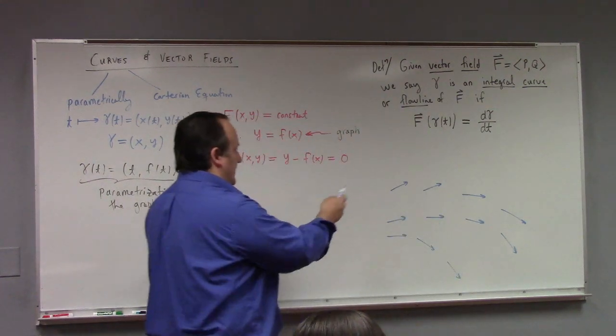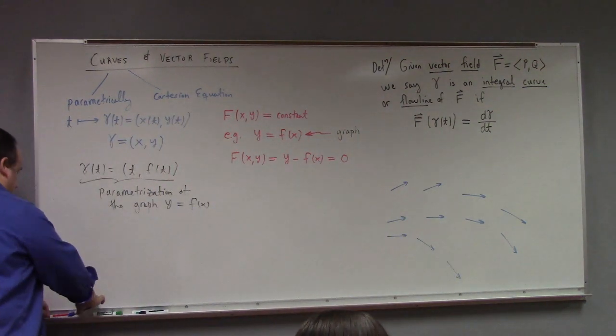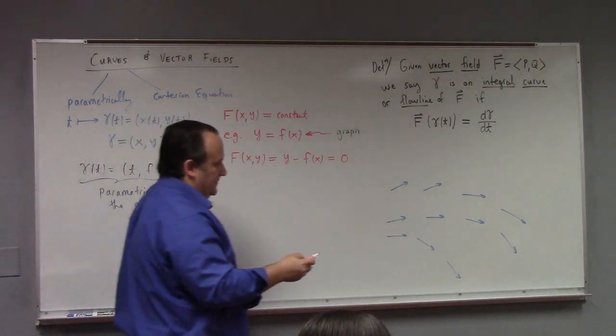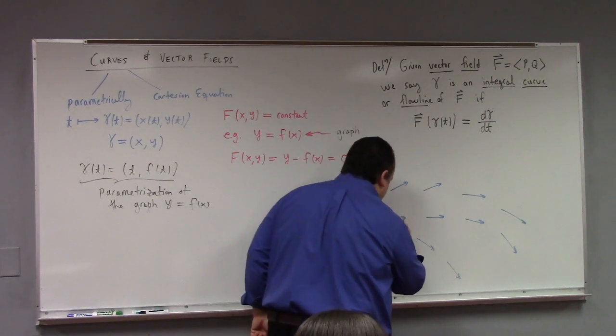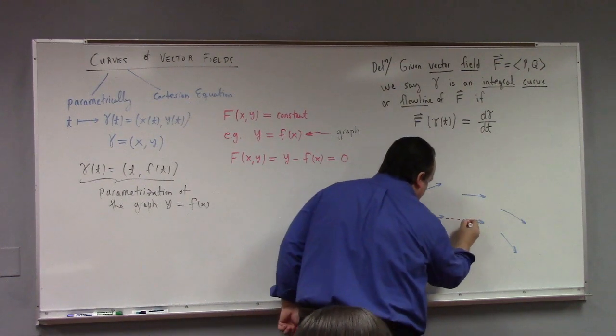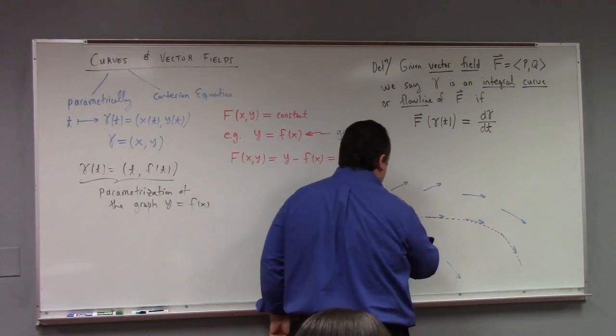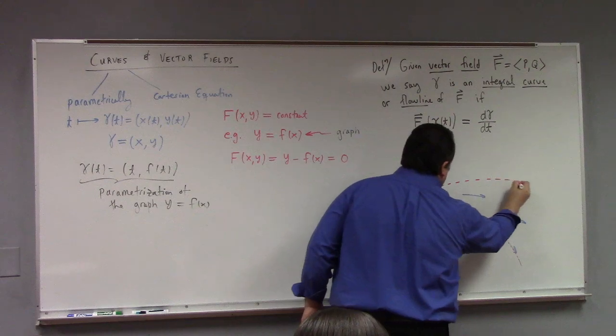So here's a picture of the vector field, let's say. Some flow lines to this might be something like this, or maybe something like this.